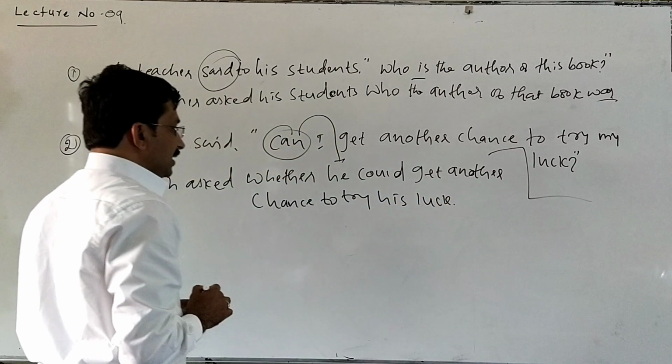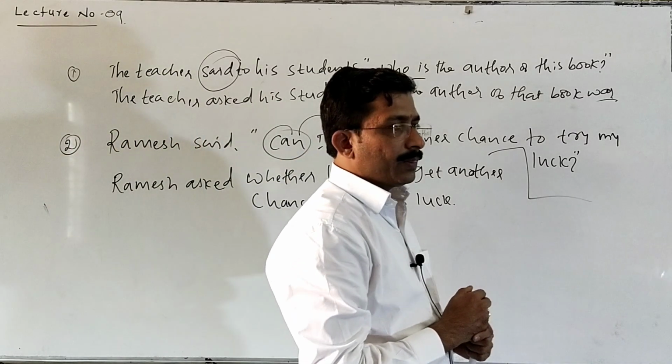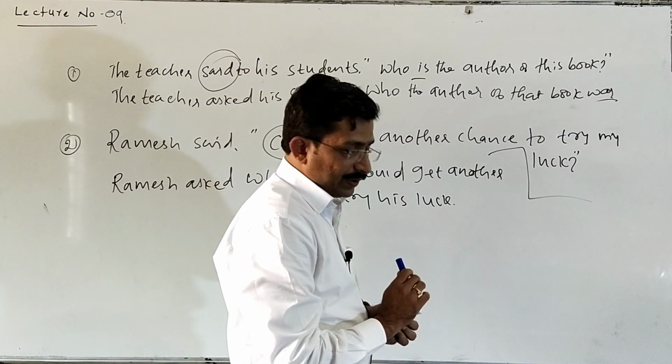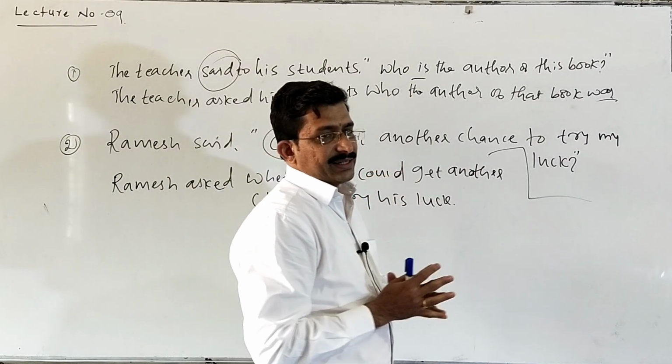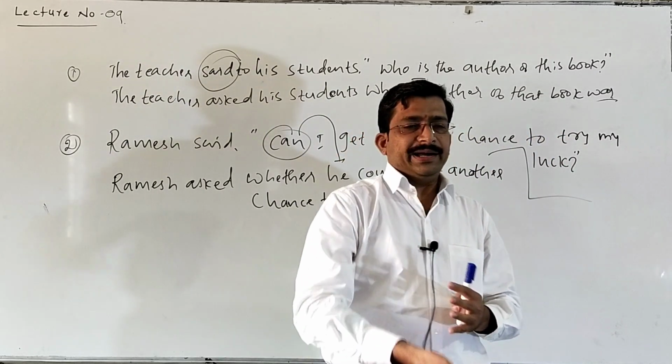To try his luck. Here, if the statement is a yes or no, then we have to use whether or if. Okay. So this much we discussed while changing interrogatives from direct to indirect.